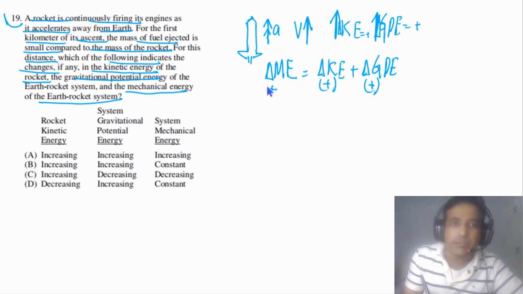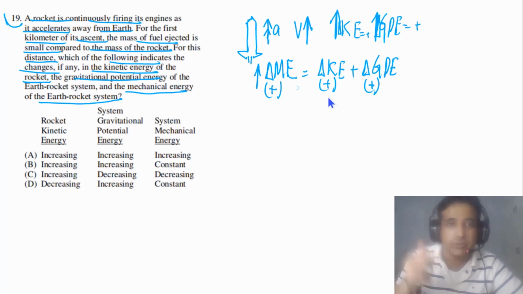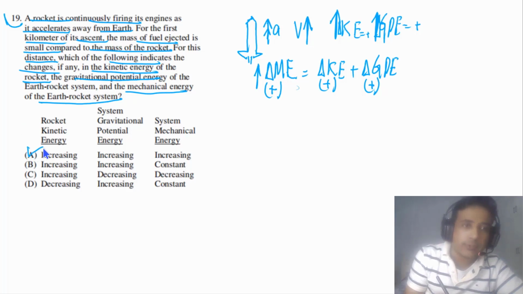It means that the change in ME is also positive. So ME is also increasing. So all these three types of energies are increasing. So the answer has to be A: kinetic energy of the rocket is increasing, and potential energy of the system is increasing, and system mechanical energy is also increasing. So the answer for this question is A.